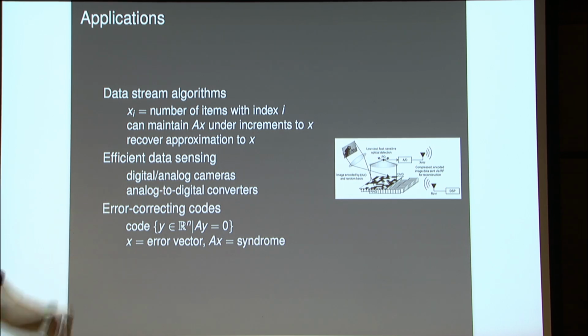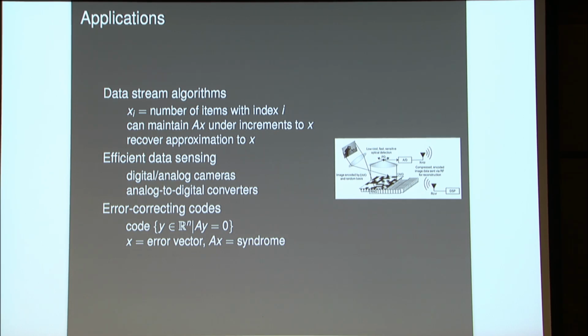People also built analog to digital converters. In a slightly different setting, if you can take random samples of a signal that doesn't have very many frequencies in it, then you can quickly come up with the spectral information in the signal, and so you can then digitize that. So people built analog to digital converters using ideas similar to this.